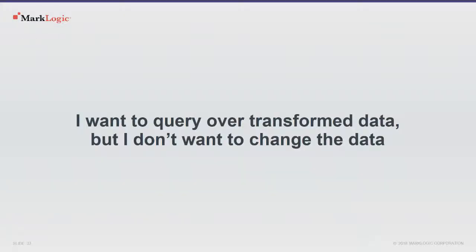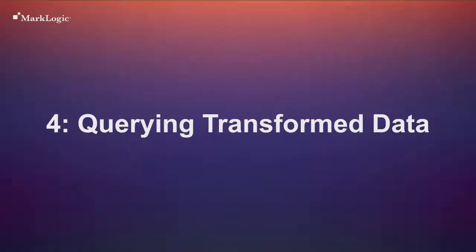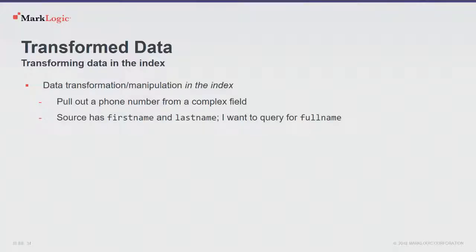Next challenge. I want to query over transformed data, but I don't want to change the data. So this sounds like magic. How am I going to do that? So let's talk about querying transformed data. And the way I do it is I transform not the data, but the index. And so I can transform or manipulate that data as I index it.